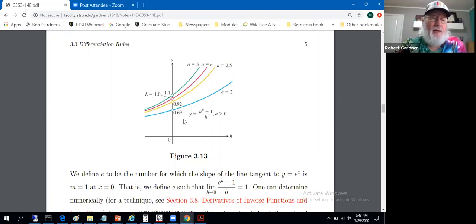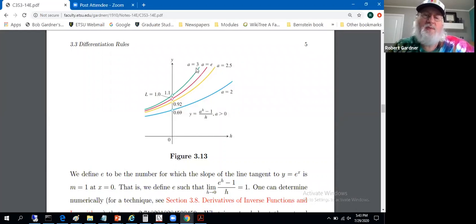If you talk about radioactive decay in a chemistry class and half-lives, this number 0.69 pops up there. There's a chance you've heard of that. These other numbers, I doubt it. But trust me or trust the textbook, we get a slope of approximately 0.69 when we look at the slope of a tangent line for a graph of y equals 2 to the x power.